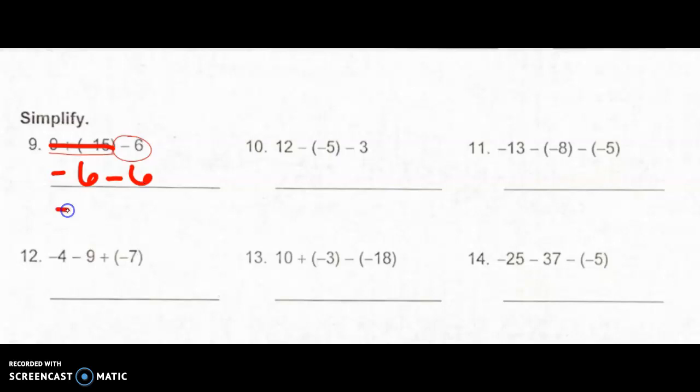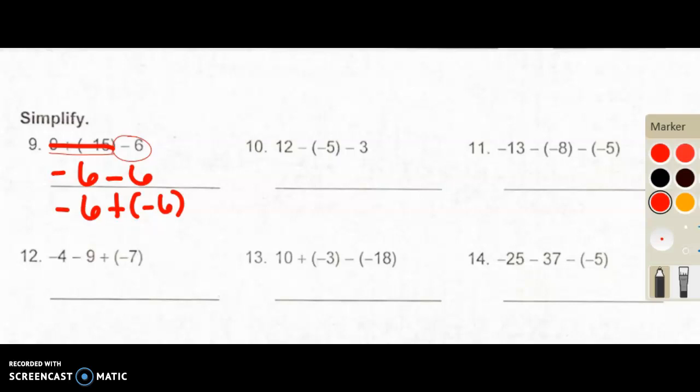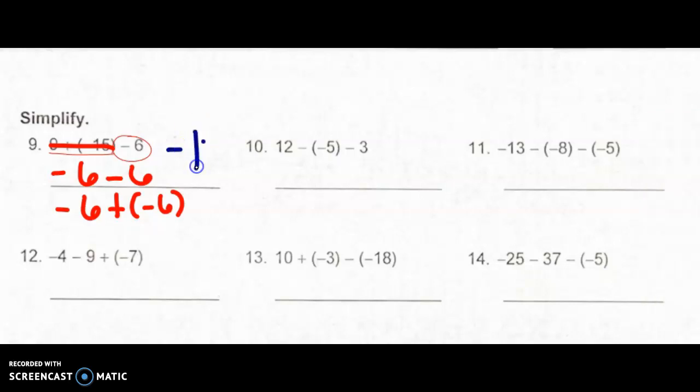So keep negative 6, change subtraction to addition. The opposite of 6 is negative 6. Now I have a new problem. My signs are the same, so I add them and keep the sign. Negative 6 plus negative 6 is negative 12.